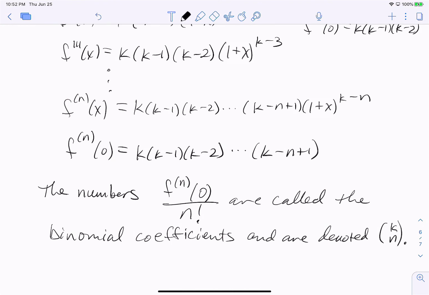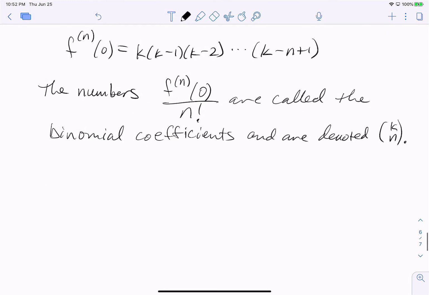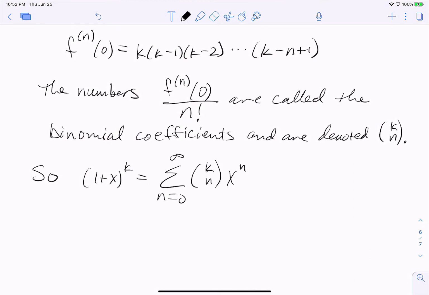It looks like a fraction without the fraction bar. Also looks like the notation for a combination. You know what I mean? Like combinations and permutations, that combination. The result here, folks, is that 1 plus x to the k is equal to the sum as n goes from 0 to infinity of the binomial coefficients k choose n, in parentheses, times x to the n.